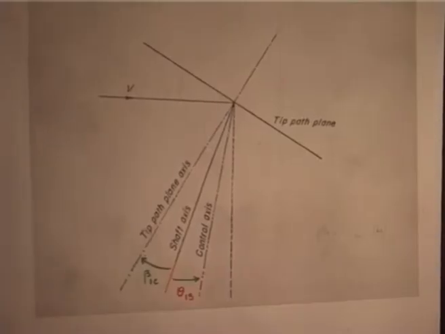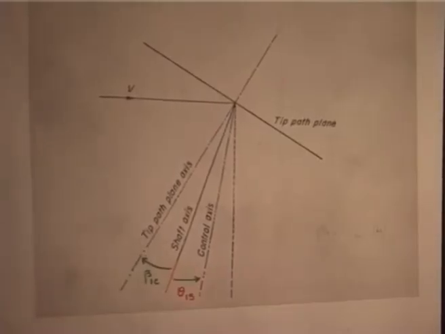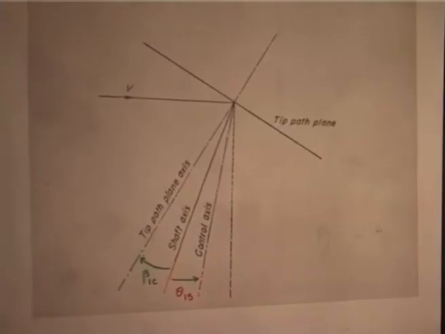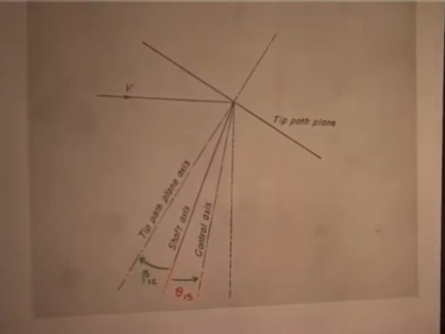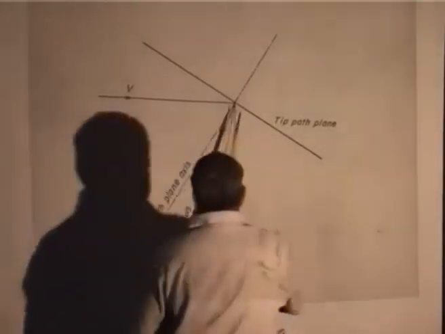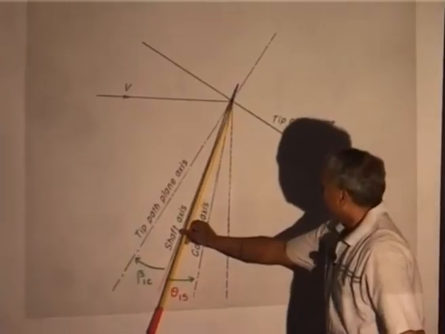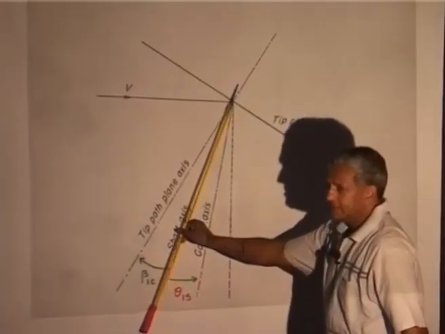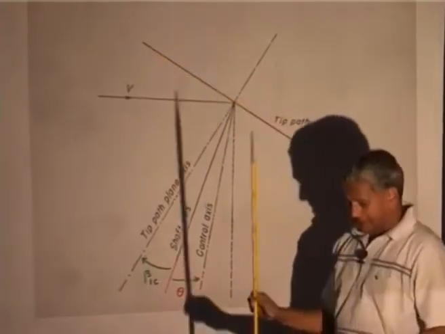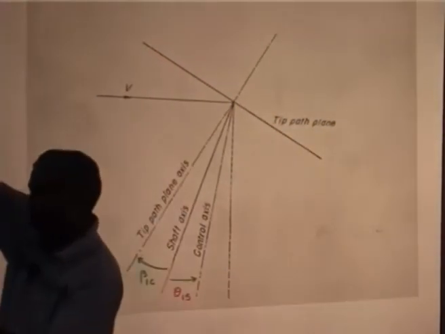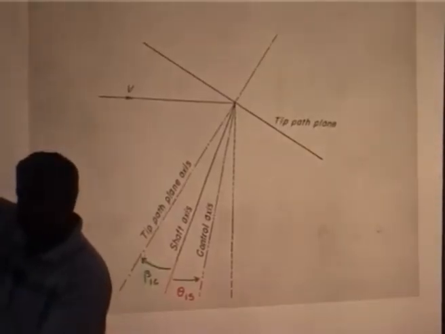Then you have the shaft axis and the hub, that is the hub plane. Now this is the shaft axis, okay. The shaft axis need not be perpendicular to the tip path plane, because the shaft axis can be like this, and the tip path plane can be like this, okay.